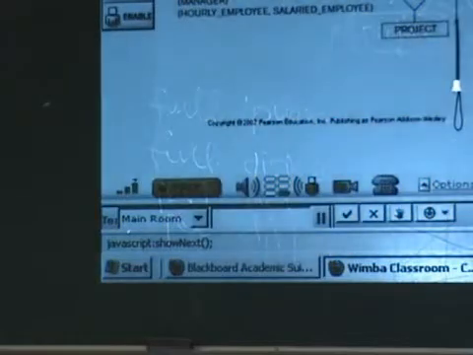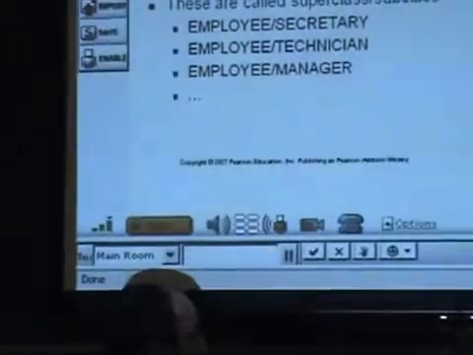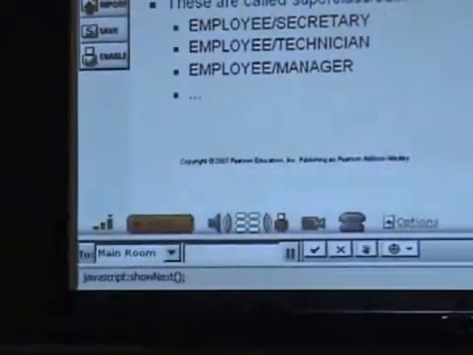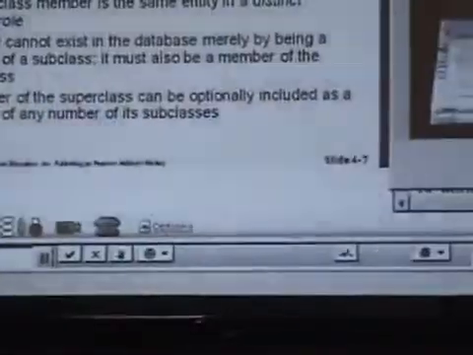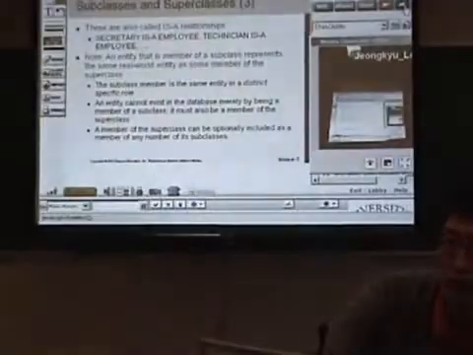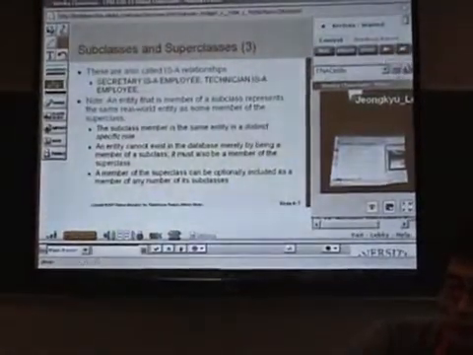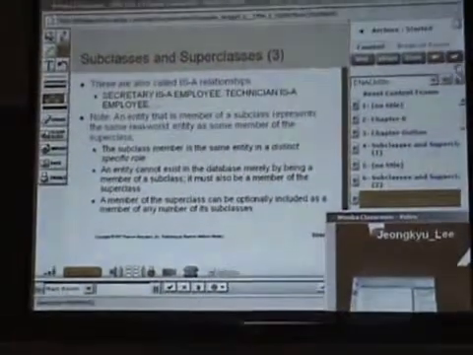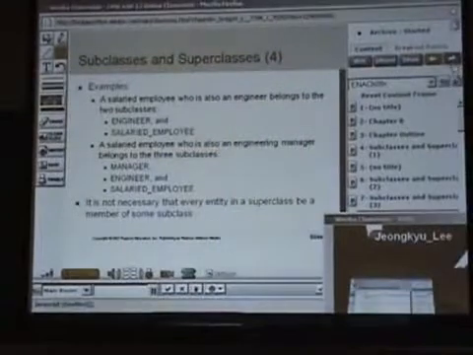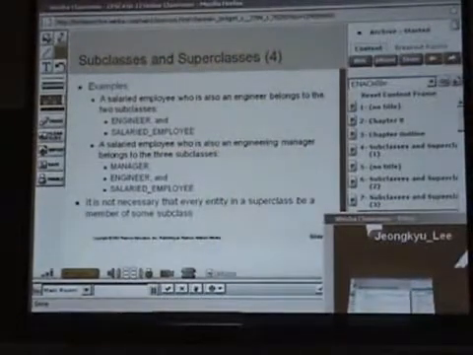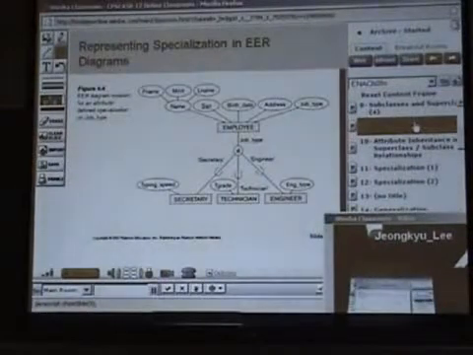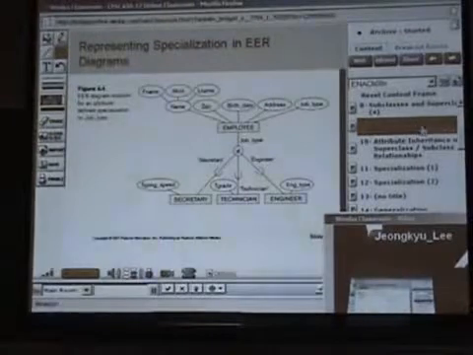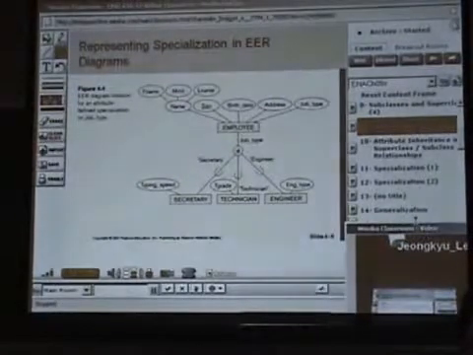Okay, let's look at this example again. This is the example of the employee and secretary, technician, engineer.